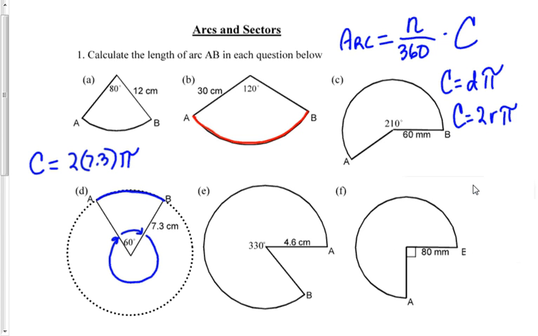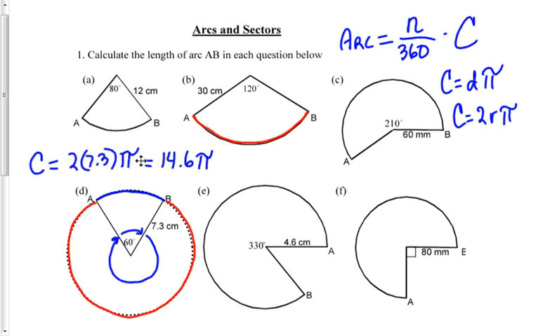For now, I'm going to write this in terms of pi, without approximating, because we have to do a little bit more work. 2 times 7.3 is 14.6 times pi. Remember, that's the whole entire dotted line, and I only want the blue part of this arc.